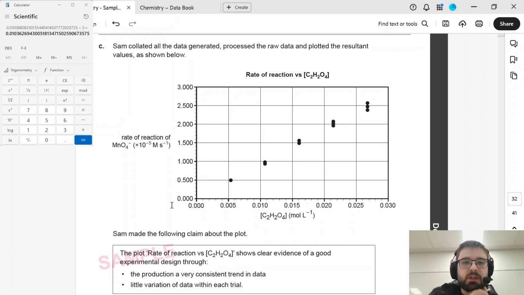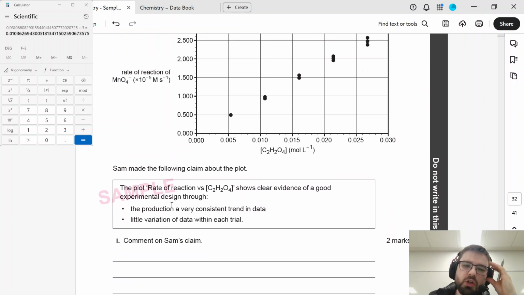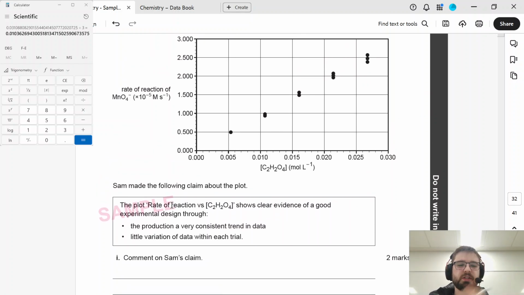Sam collated all the data generated, processed the raw data, and plotted the resultant values as shown below. Sam made the following claim about the plot. The plot of rate of reaction shows clear evidence of a good experimental design through the production of a very consistent trend in data, little variation of data within each trial. Comment. Man, I really hate questions that just say comment on it.